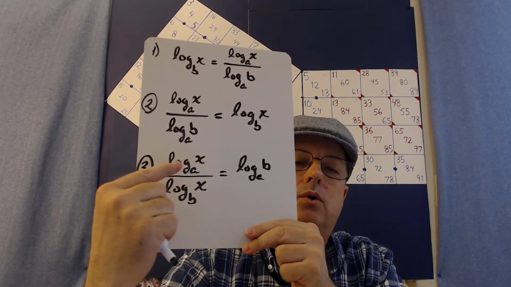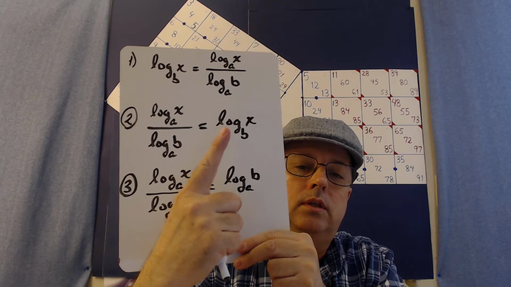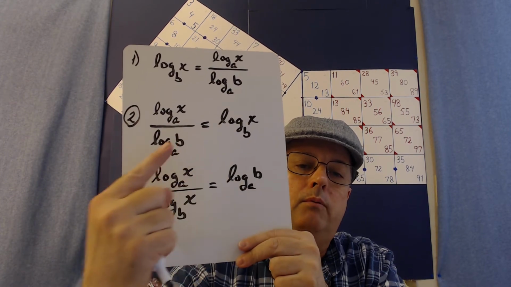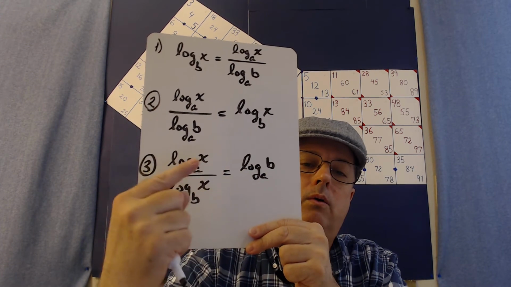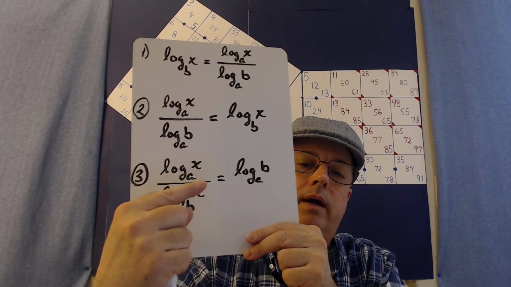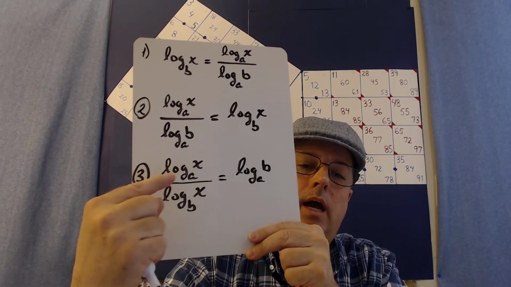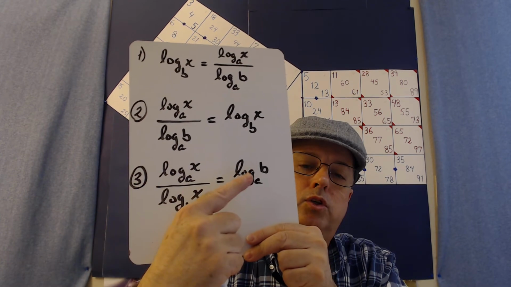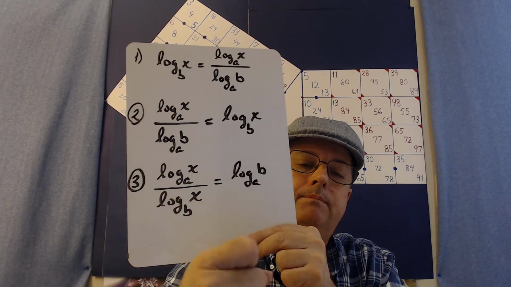Okay, so we took this result here and we put it in the denominator. We took the denominator and put it over here. Okay, so if you have the log base a of x divided by the log base b of x, it's as if the x is canceled, and you have the original base here, a, and the new base here, b.